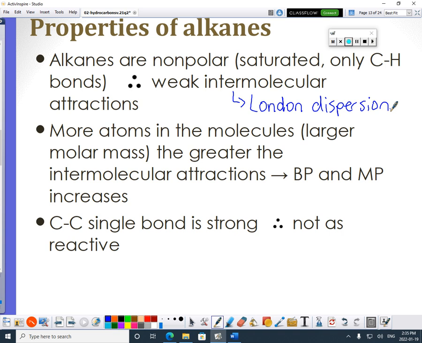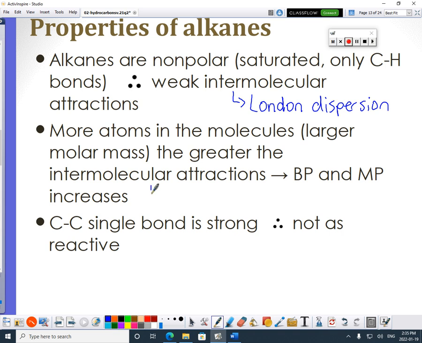The one thing, if you remember from grade 11, in the first unit about intermolecular attractions, is that the more atoms there are in the molecule, which in grade 11 we might have called the molar mass, the bigger the molar mass, the greater the amount of London dispersion forces possible.